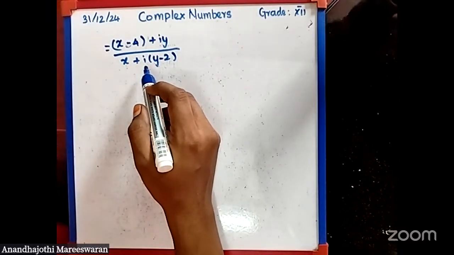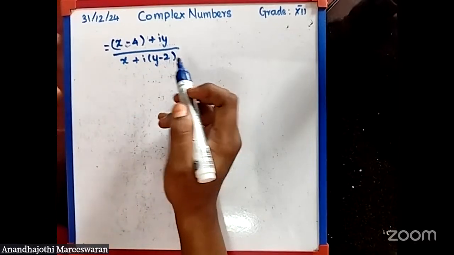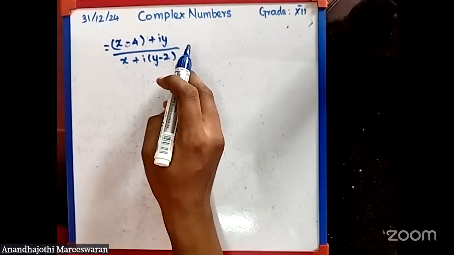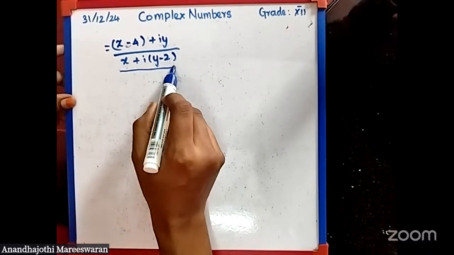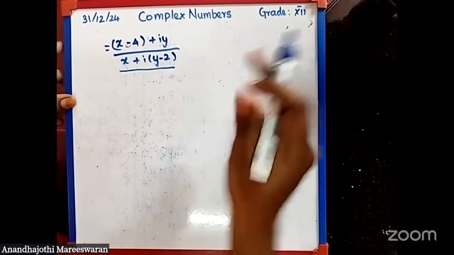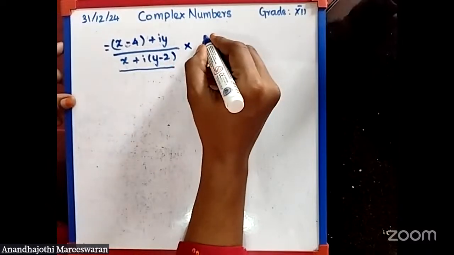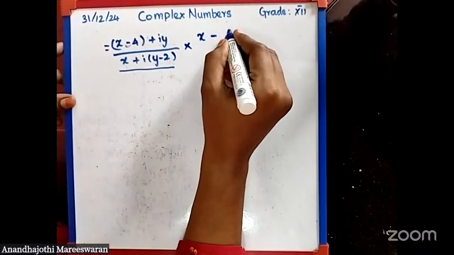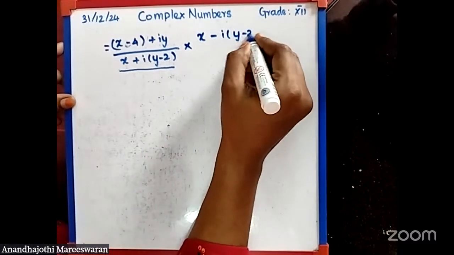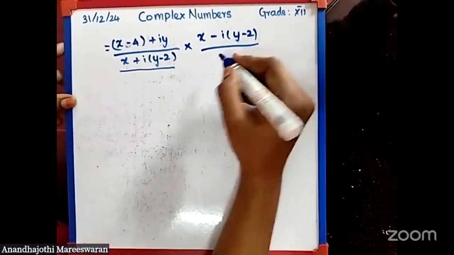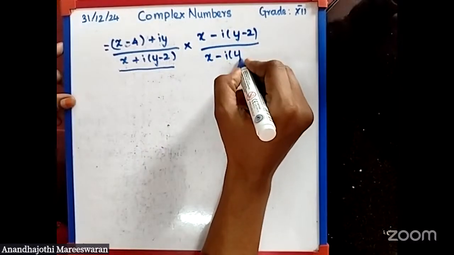So what I am going to do is multiply and divide by the same term so that the value remains the same. So I'm going to multiply by this complex number's conjugate. So I'm going to multiply it by (x minus i into (y minus 2)), divided by (x minus i multiplied by (y minus 2)).